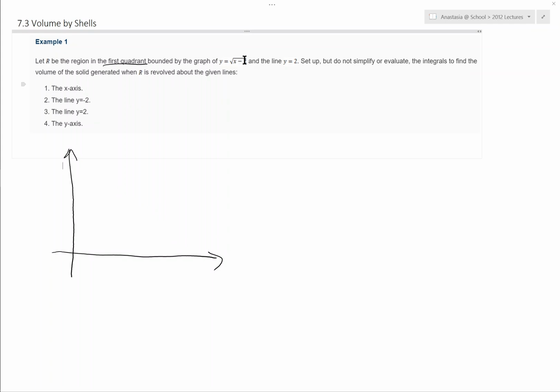The square root of x would normally have its starting point at the origin, but since we are subtracting 2, our domain is now x bigger than or equal to 2, which means that we are shifting the square root function 2 units to the right.